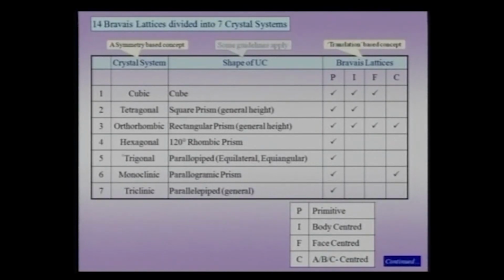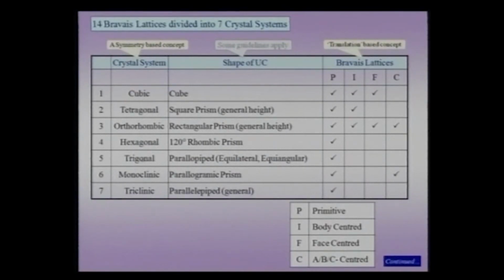The trigonal crystal is described by a special kind of parallelepiped which is equilateral and equiangular, which means every face is identical and every angle is identical. And we might also briefly see how we can go from a cubic crystal to a trigonal unit cell.